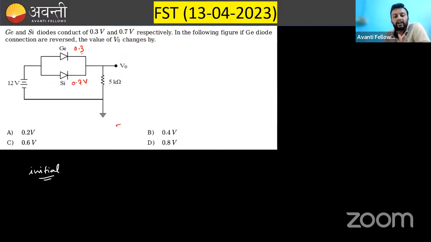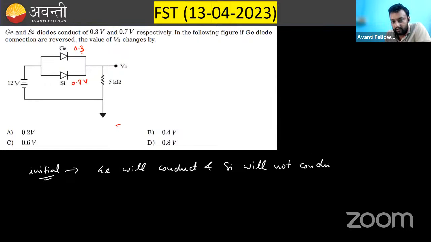It will not conduct silicon because first germanium will conduct. So initially I will say germanium will conduct and silicon will not conduct. What does it mean?